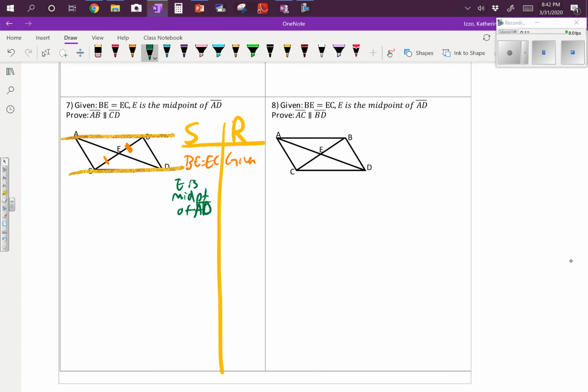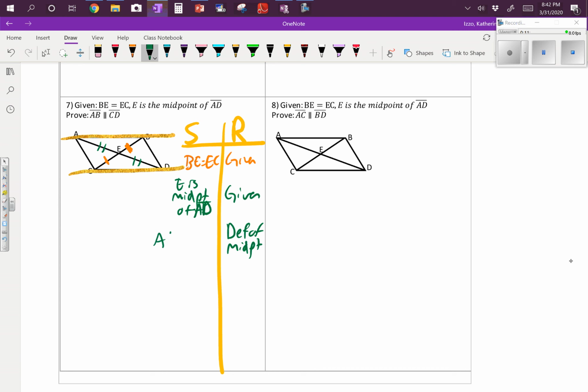Okay, so E is the midpoint of AD. That means we've got midpoint going on. Midpoint means something just became two equal somethings. AD has a midpoint, so AD is cut into two equal pieces by E. All right.